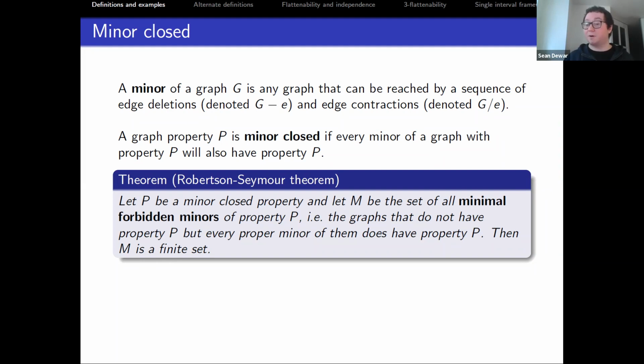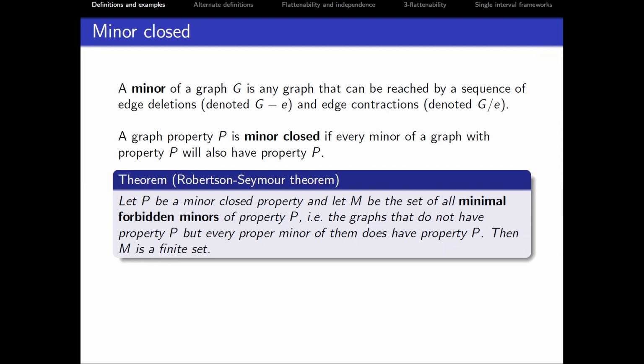It's effectively a book. For certain cases, you can make it a lot simpler. I think Kuratowski's theorem for planar graphs is a lot simpler. This is a very general theorem. It just says whenever you have a minor closed property, it has to have a finite set of minimal forbidden minors.